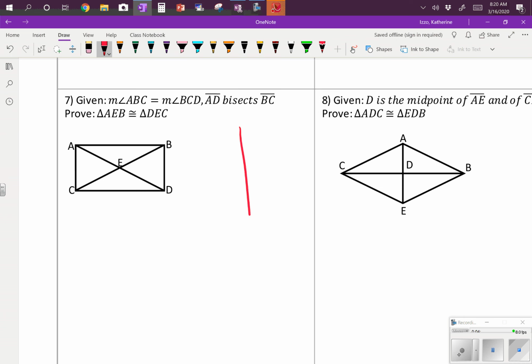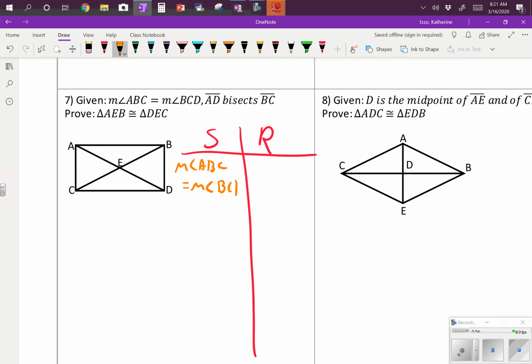I'm going to do a statement reason chart again. First given is measure angle ABC equals measure angle BCD. That's a given.